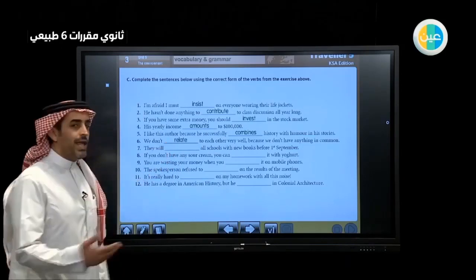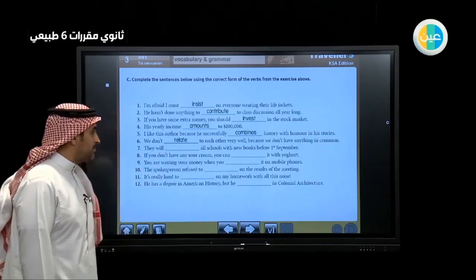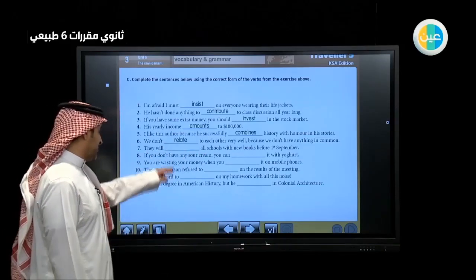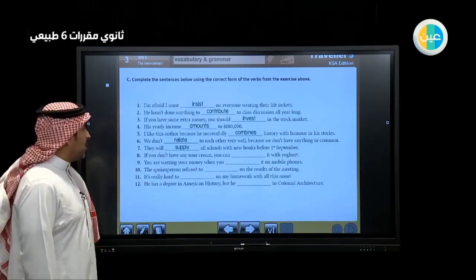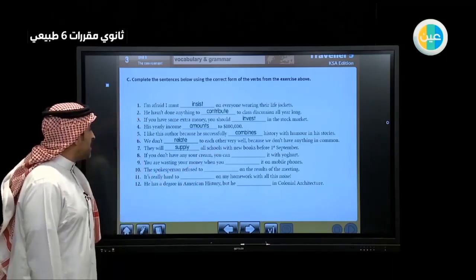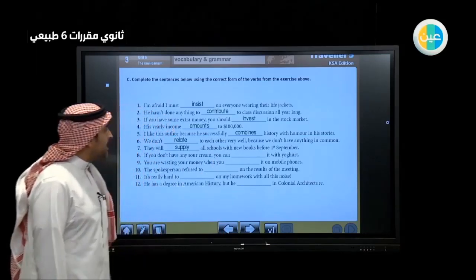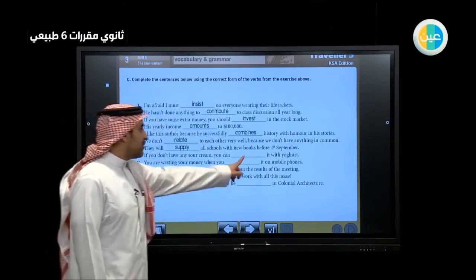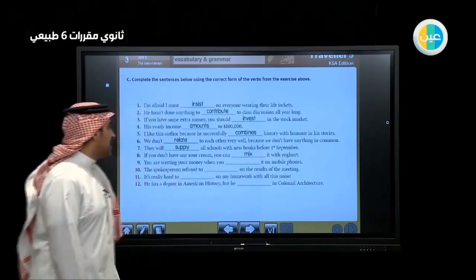They will supply all schools with books before the 1st of September. Supply with. If you don't have any sugar, you can eat it with yogurt. You can mix with.